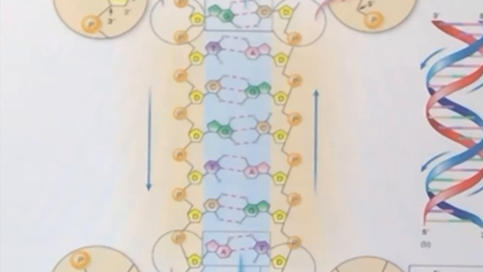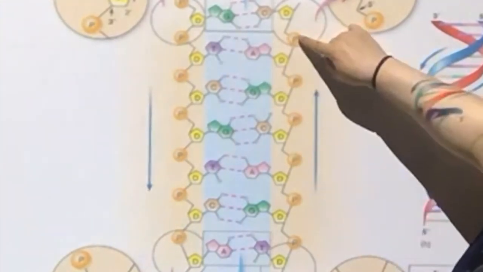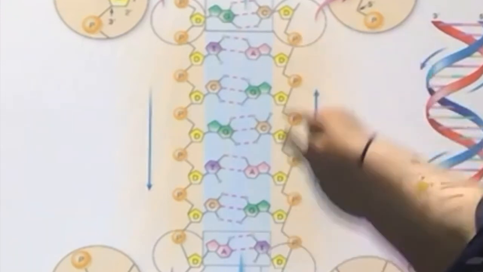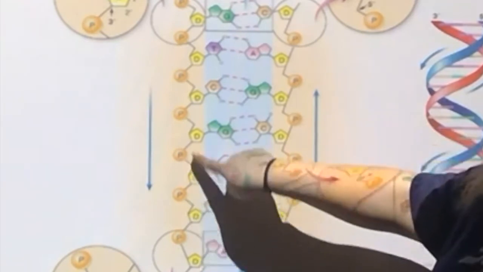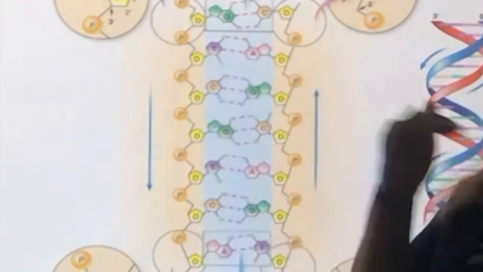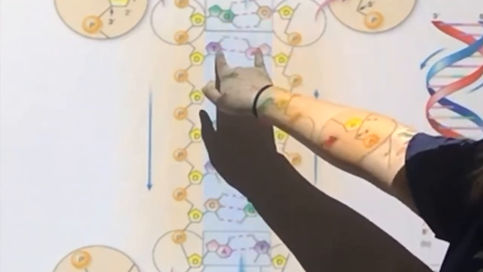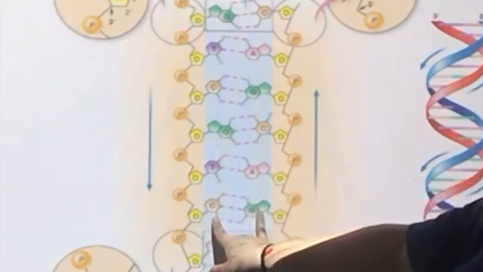Moving on from there, here's the phosphate backbone. You can see that I've got phosphates all the way down the sides of my ladder. You can see the sugar connected to that phosphate. There's the deoxyribose. And the rungs of my ladder are being created by the bonds between my nucleic acids.